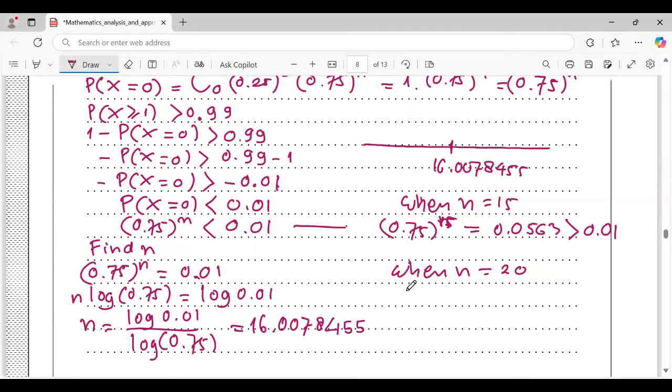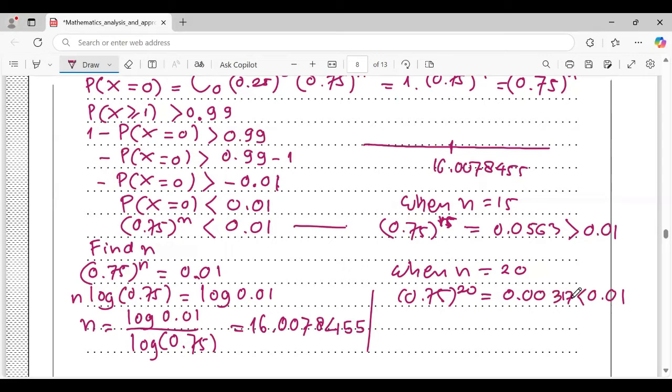So 0.75 power 20 is 0.00317, which is less than 0.01.